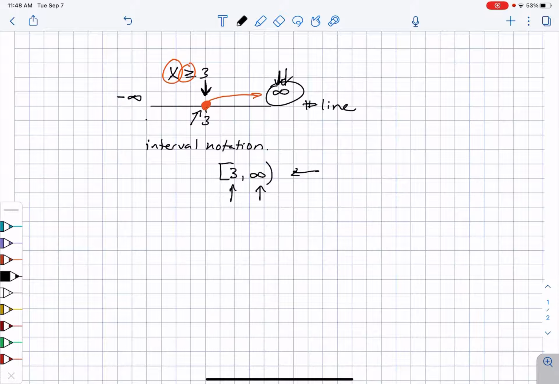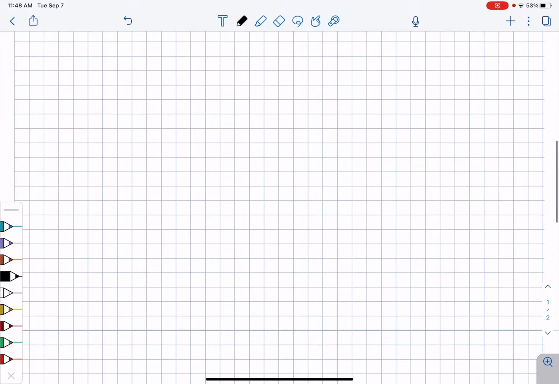All right, let's do another example. Let's say you get your answer and it's x is less than 2. So the way I would graph that is, here's 2. It's an open circle at 2, and x is smaller, so that means I'm going to the left. The left is my negative infinity sign.